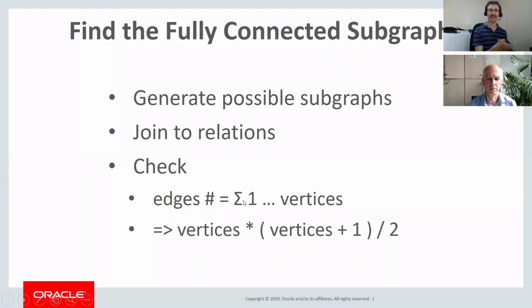So that's how many edges we want to check. Once we've found a particular subgraph, we ask: is the number of edges equal to the number of vertices times the number of vertices plus 1, divided by 2? That's the formula at the bottom, and we'll see some of the solutions in SQL take advantage of this.